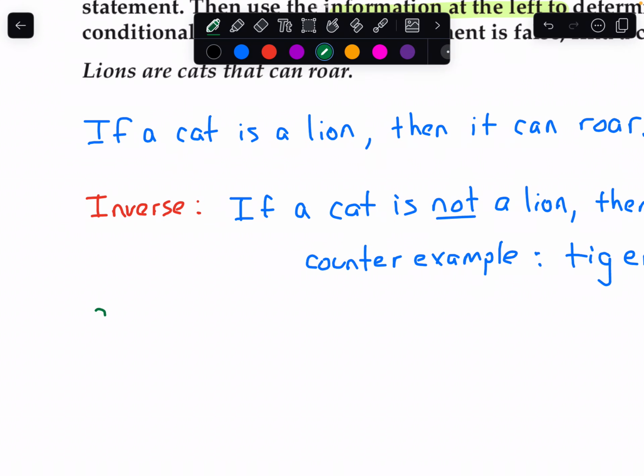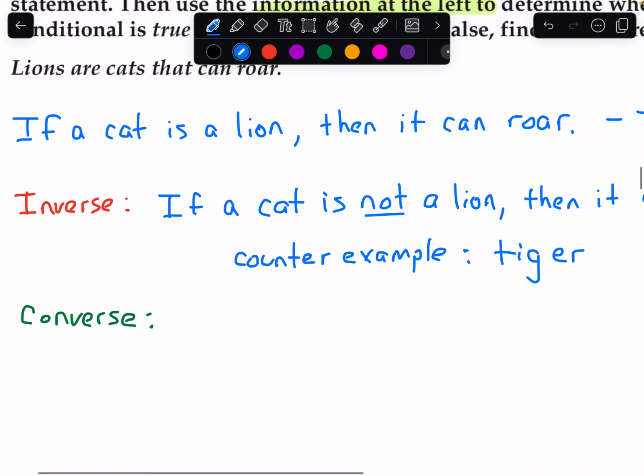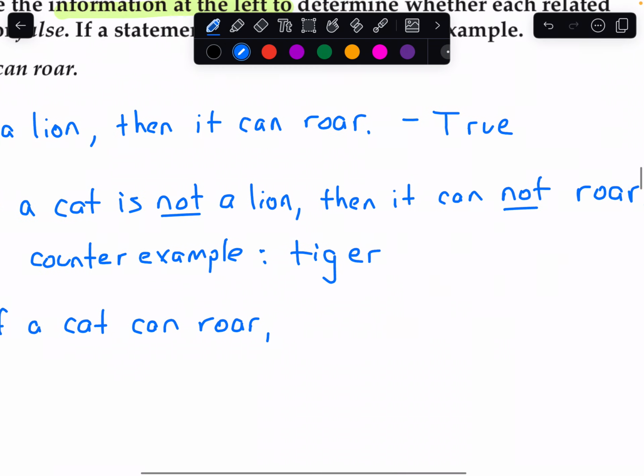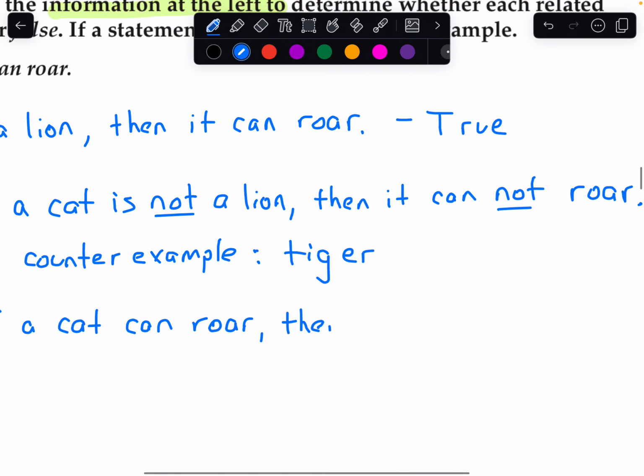Next, the converse. The converse is made by exchanging hypothesis and conclusion. If a cat can roar, then it is a lion.